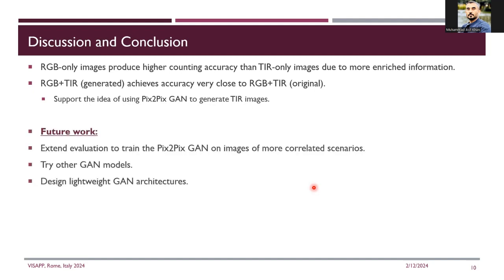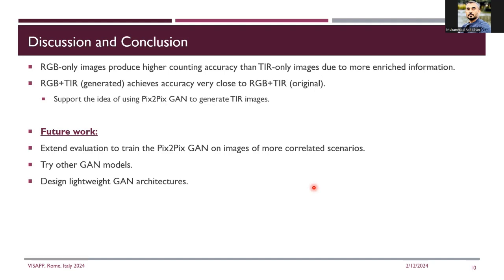In future work, we aim to extend our evaluation to train the Pix2Pix GAN on images of more correlated scenarios, just to further confirm the benefits that we achieved in these experiments. We also aim to try other GAN models to see how much performance gain we can get.